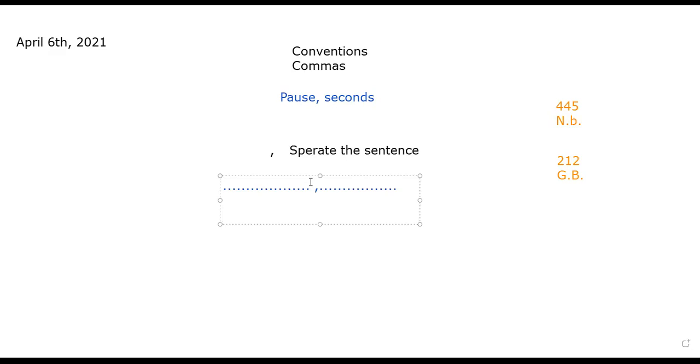Or maybe we have a compound sentence, with one of these conjunctions, like and, or, but. For example, if I say, I will drink an orange juice, or banana juice.